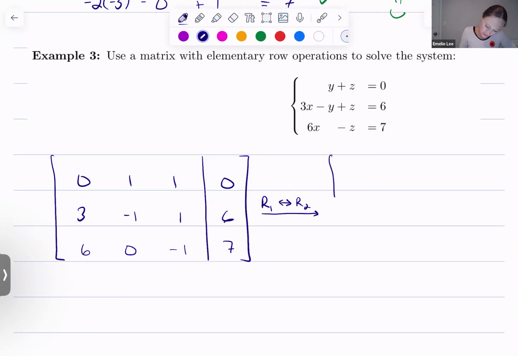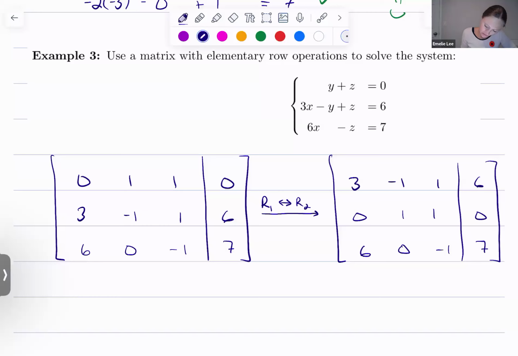And so then what we get is 3, -1, 1, 6. 0, 1, 1, 0. 6, 0, -1, 7. Now we have a new row 1 and a new row 2. Nice.